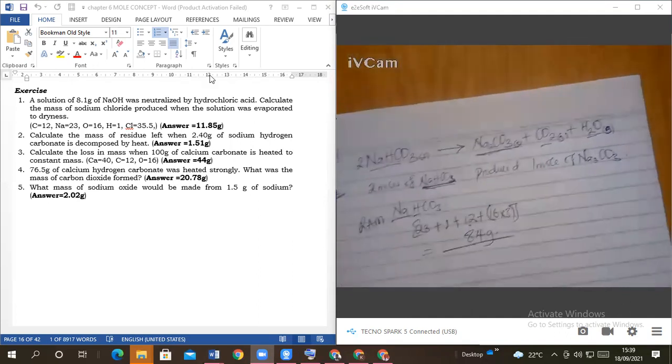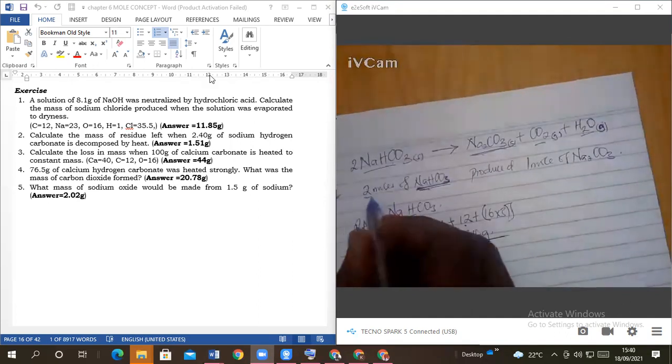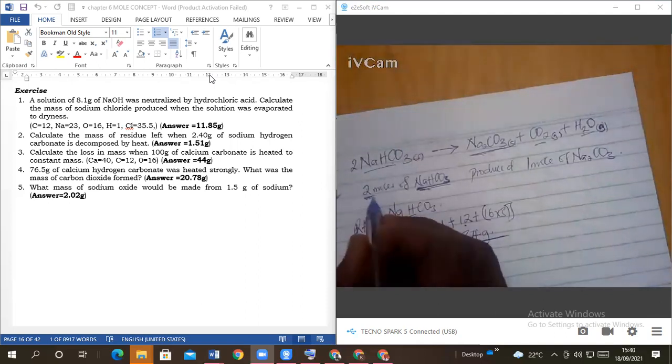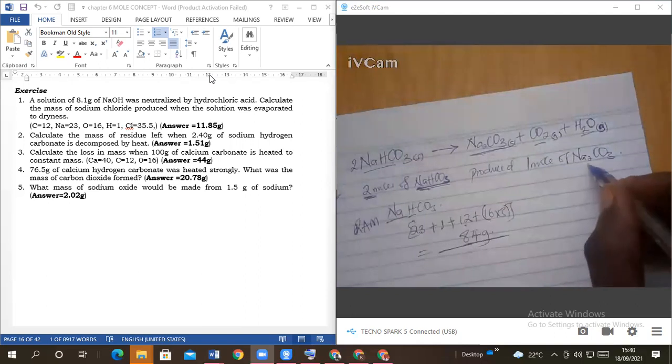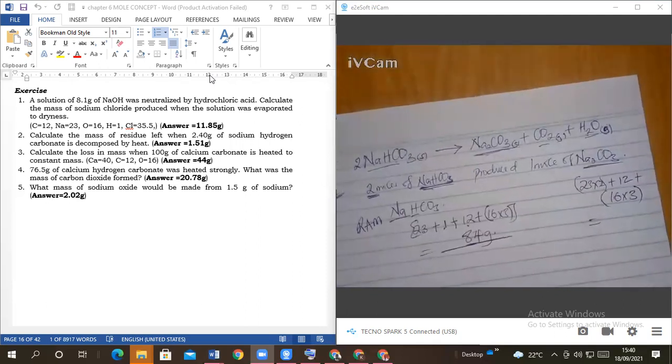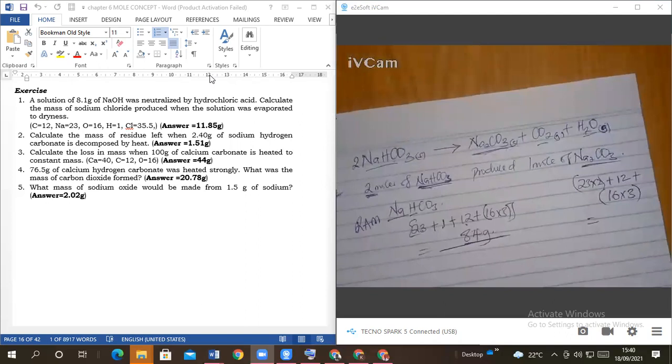That is good if we are attentive. Now they are saying 2 moles. This is 1 mole. What about sodium carbonate here? It is 23 times 2 plus 12 plus 16 times 3. The answer is 106 grams.